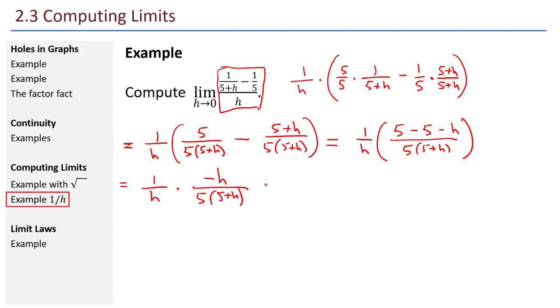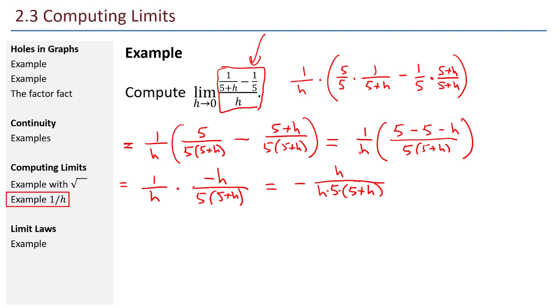And let's just go ahead and make that one nice fraction. We'll call that negative h over h times 5 times 5 plus h. And so by simplifying the fraction I started off with originally, I really did end up with something that has a common factor on the top and bottom.